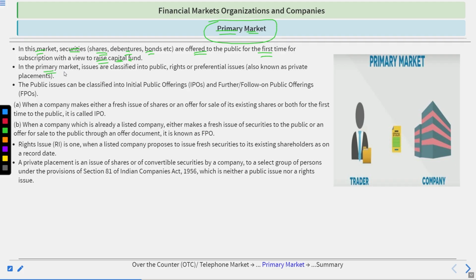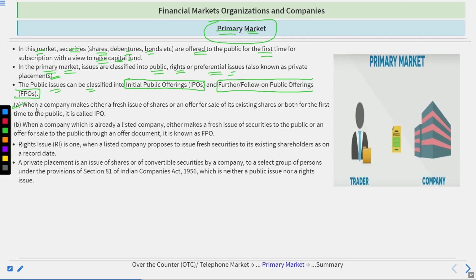In the primary market, issues are classified into public, rights, or preferential issues, also known as private placements. The public issues could be classified into IPOs, initial public offerings, and follow-on public offerings, FPOs.